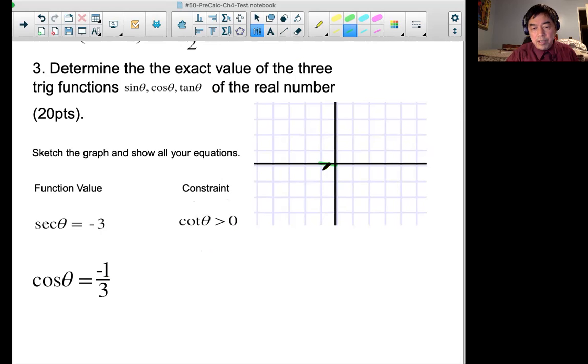We don't know where the sky blue color is, but we know this value is 3 because hypotenuse is always a positive value. Okay? So it could be here too, because the other value doesn't matter, right? The color is kind of confusing, but let's think about those two ways.